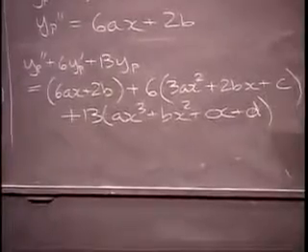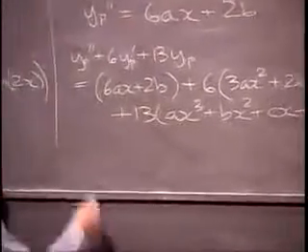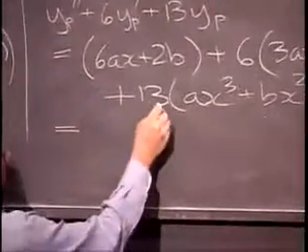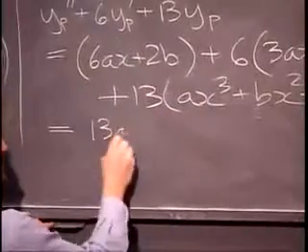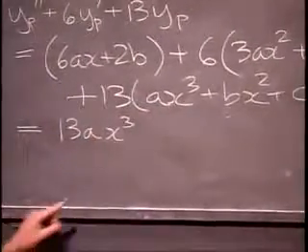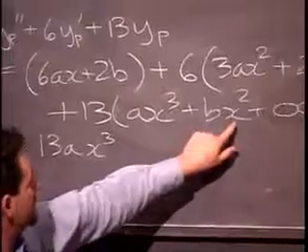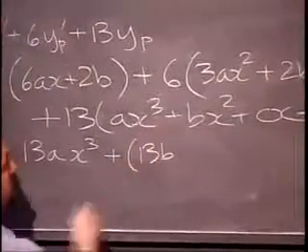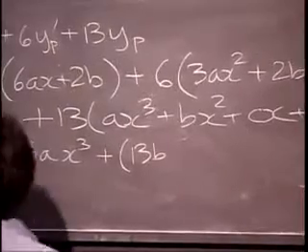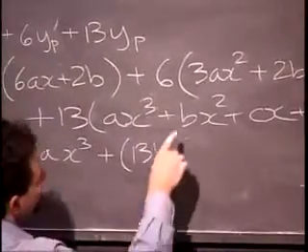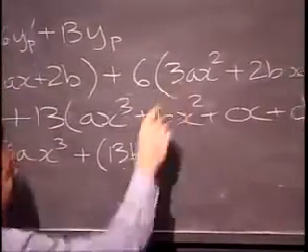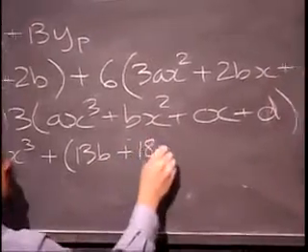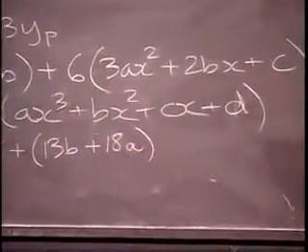Okay, expand and group in terms of coefficients of individual terms. 13ax cubed. The x squared term will give me a 13b, but it will also give me an 18a x squared.